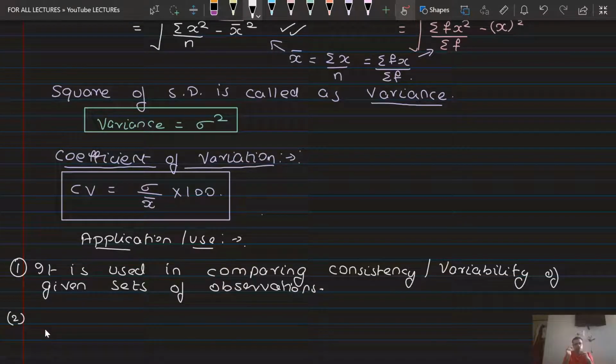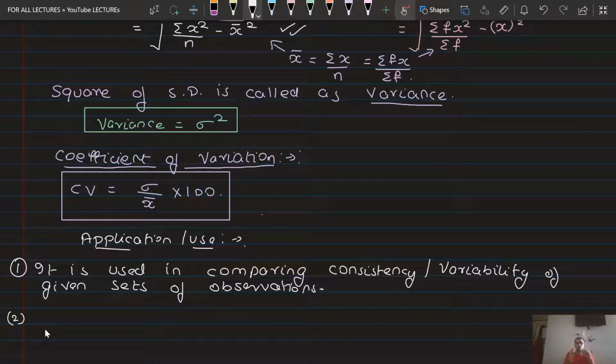Now see, I'll tell you a very easy example. Suppose in your 5th standard you scored 82%, in the 6th standard you scored 91%, in the 7th standard you scored 72%, in the 8th probably you worked very hard and now you scored 85%.